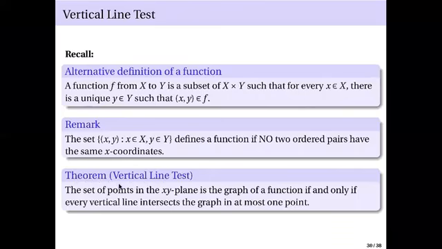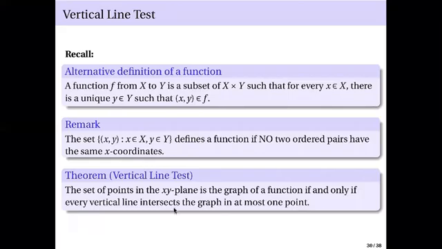using this theorem called the vertical line test. The set of points in the xy plane is the graph of a function if and only if every vertical line intersects the graph in at most one point.